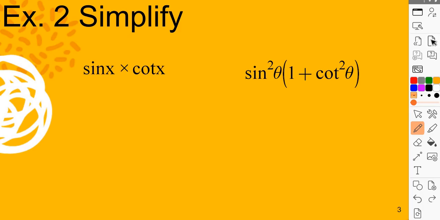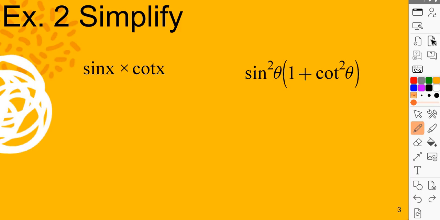Are we all with me there? That's where the trig identities come into play, because all of our trig identities are equations and they are equivalent, meaning that if I have A equals B and I have A in my expression, I can substitute B wherever I want. Does that make sense?